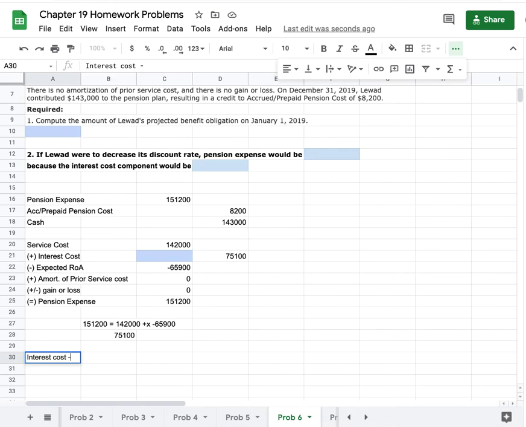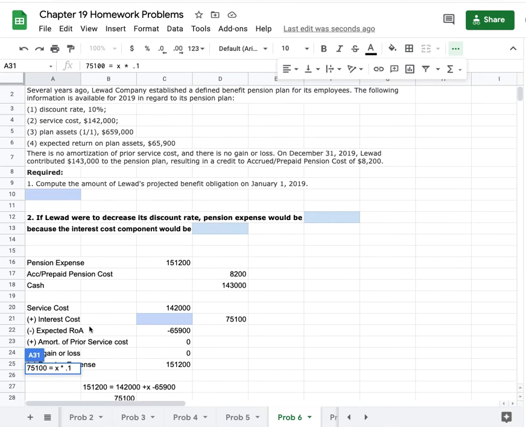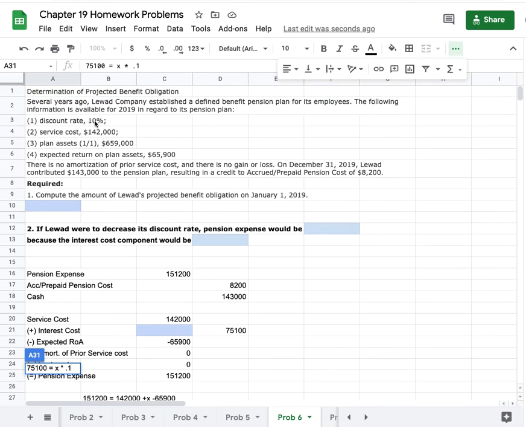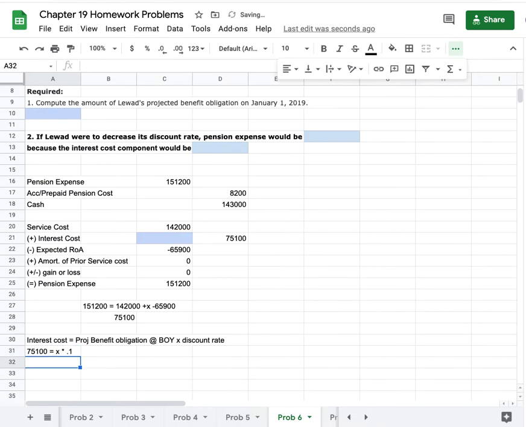Well, now that we know interest cost, we know that interest cost is equal to our projected benefit obligation at the beginning of the year times the discount rate, and so we can say that 75,100 is equal to x times 10% because that was our discount rate given in the above information.